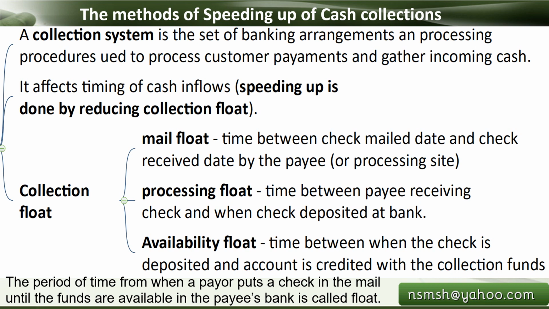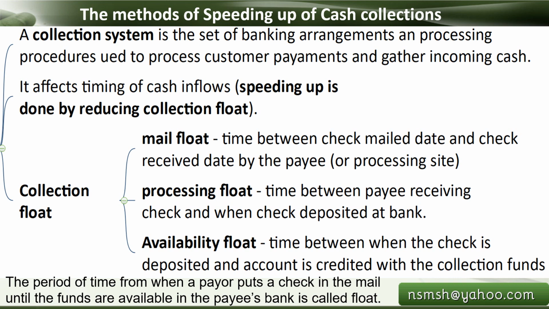And then after it is deposited in the bank, there is availability float. The time between when the check is deposited and the account is credited with the collection funds. The period of time from when a payer puts a check in the mail until the funds are available in the payee bank is called float.